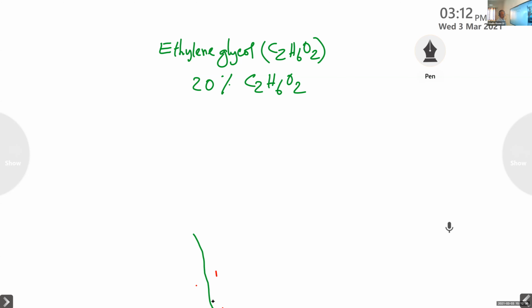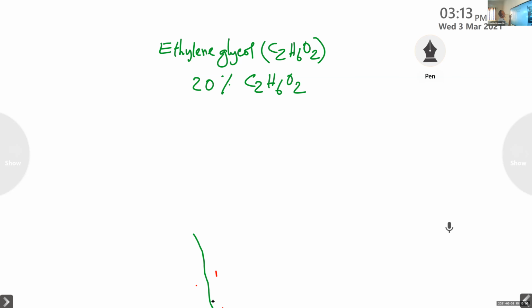Say the solution is in water, suppose. No solvent is given here. Similarly, only the solution of ethylene glycol is given. So under such circumstances, what to do? We have to take water as the second component. But if the second component is given, definitely you can use it.